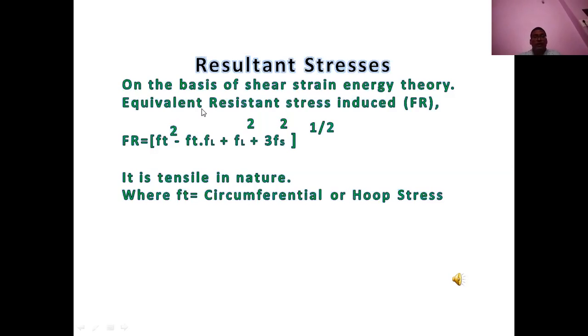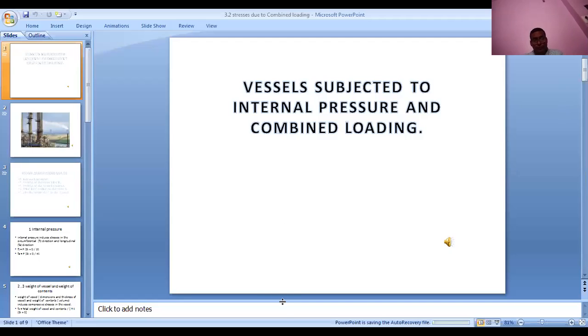So this equivalent resultant stress is Fr, which is equal to the square root of Ft square minus Ft into FL plus FL square plus 3Fs square, that is, whole raised to 1 by 2. It is tensile in nature, where Ft is the circumferential or hoop stress. So all these are the combined stresses.